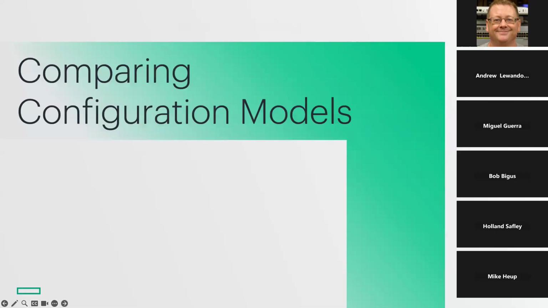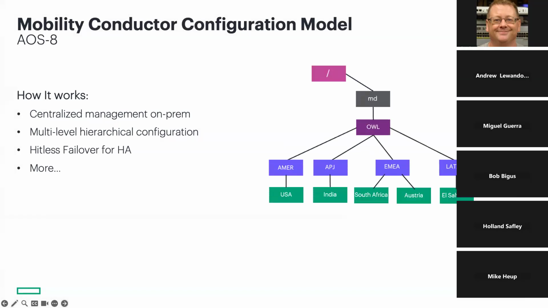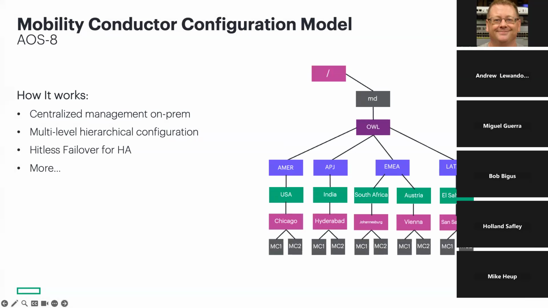All right, comparing configuration model. When first released, AOS 8 became the new standard for controller-based Wi-Fi deployments: centralized on-prem management, multi-level hierarchical configurations, and one of the big things that I just mentioned is hitless failover, right, through controller clustering. The familiar diagram here, right, this is the way that it was presented to me when we were first learning about AOS 8.